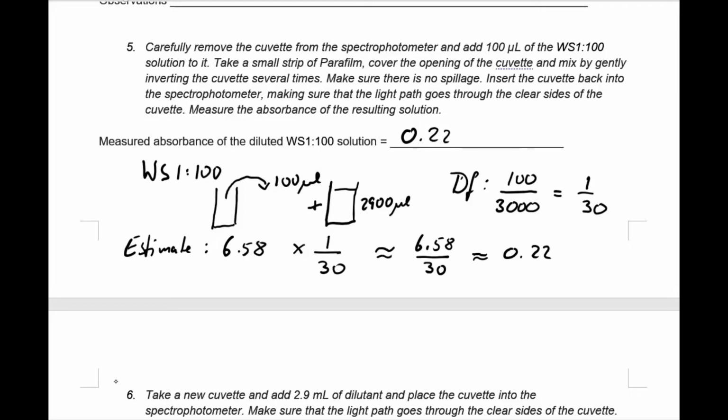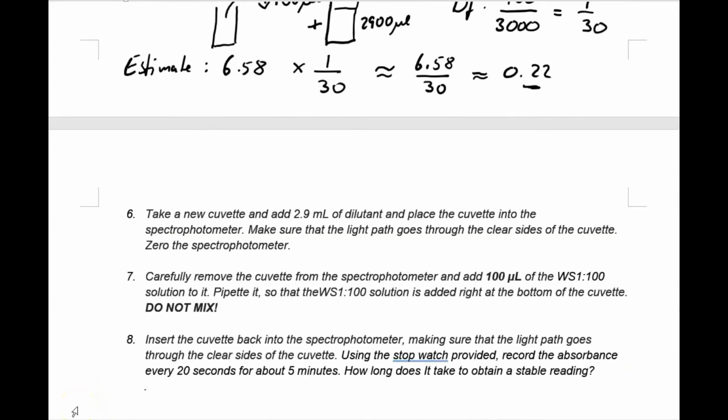So this one here is the estimated value, and it should be in line with the measured absorbance that you ideally should have.